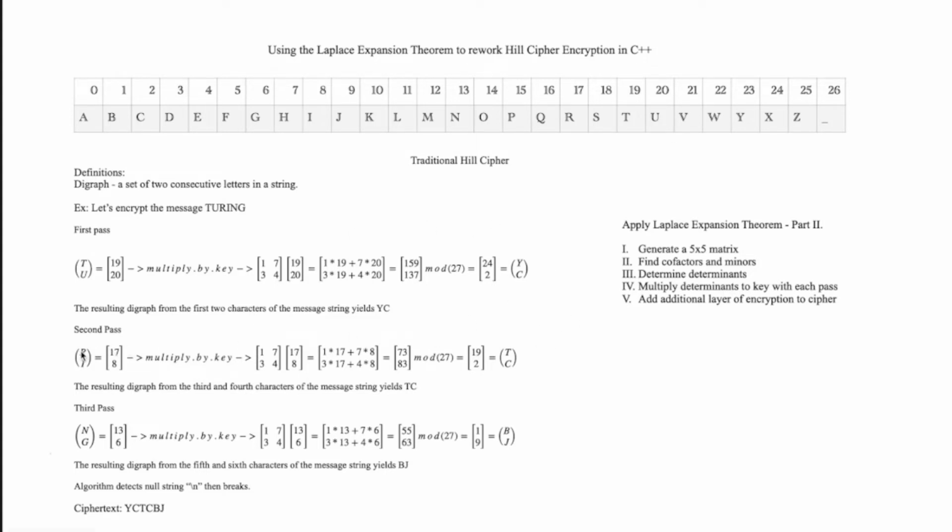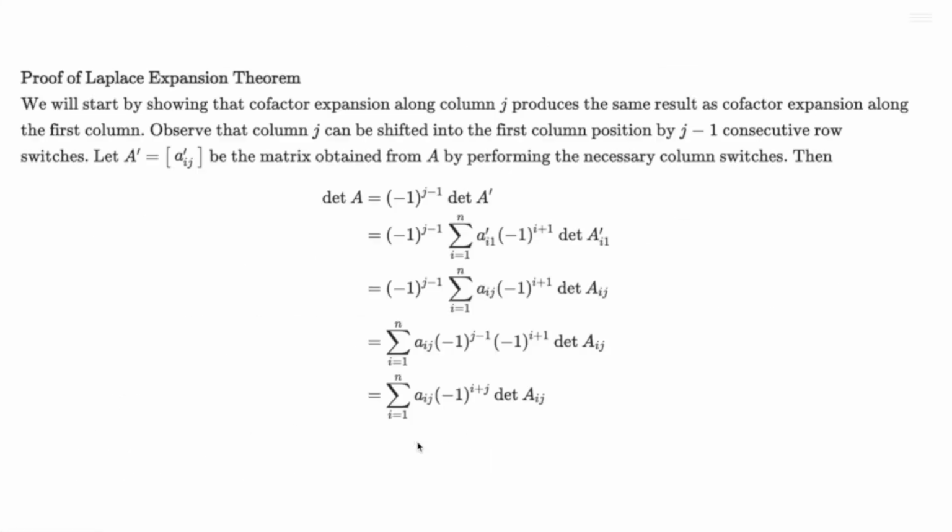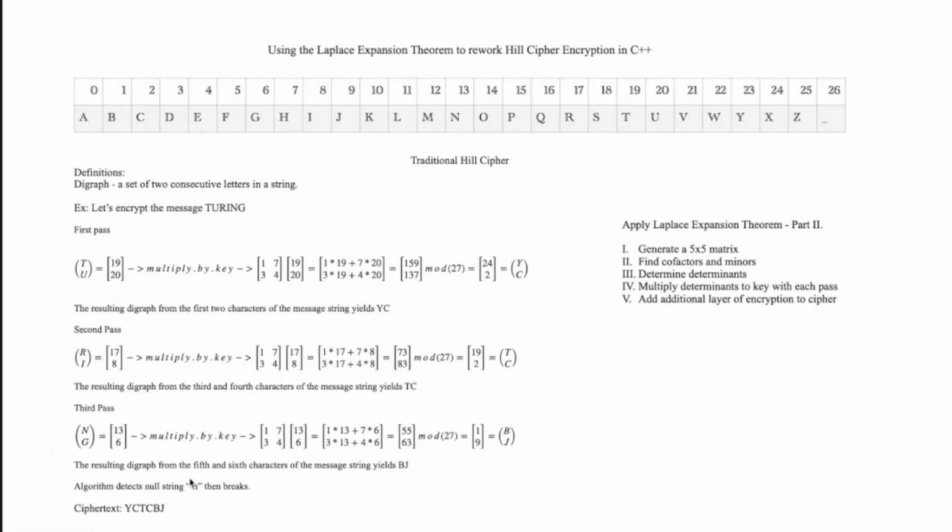You'll see that the same exact thing happens for our second pass and our third pass. After we pass through our loop sufficiently, we'll see that our algorithm detects the null string character and then breaks. Our ciphertext at this point is YCTCBJ.